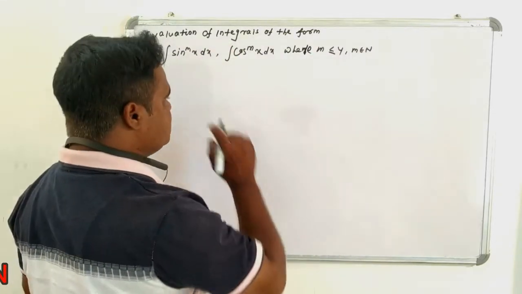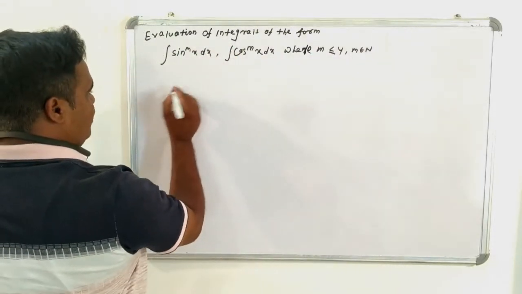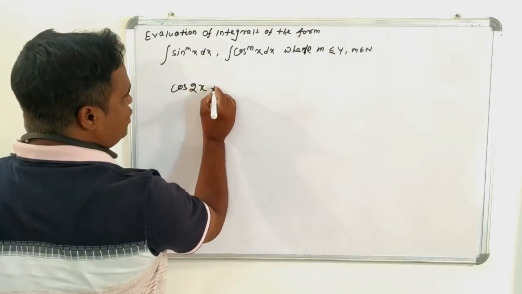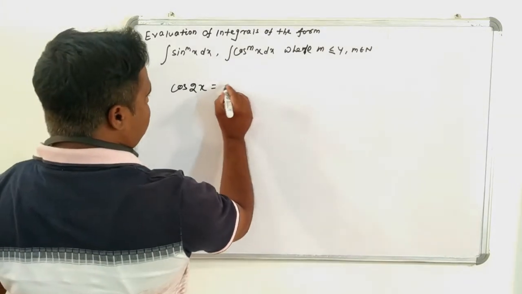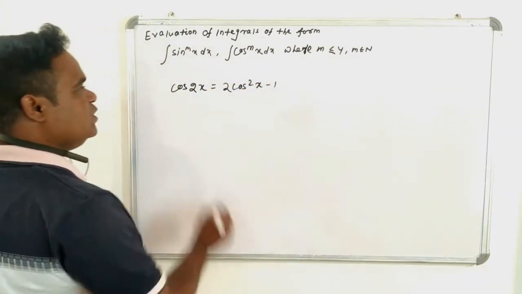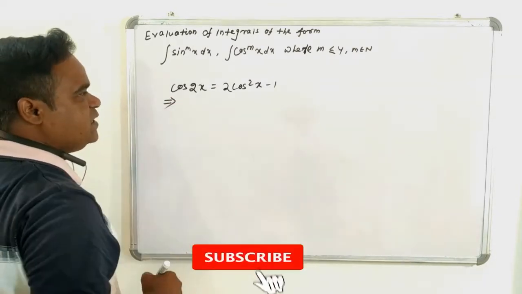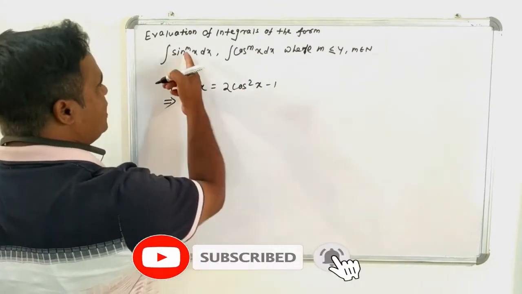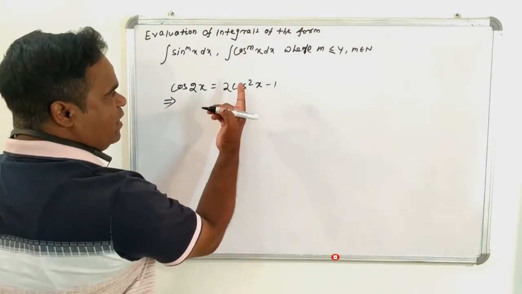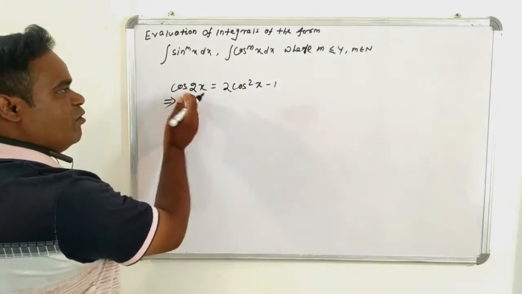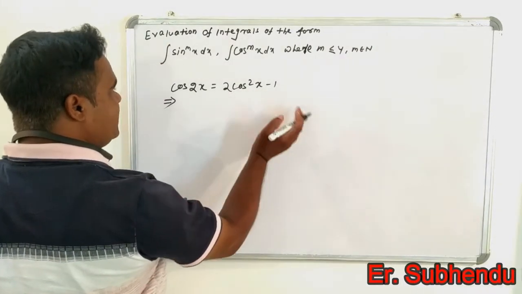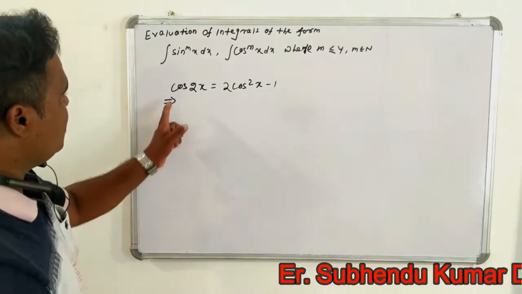Firstly, we know the formula cos 2x equals 2 cos square x minus 1. Since the sine and cosine here are in power form, I convert this into the power form. In the right hand side, 2 cos square x minus 1, and in the left hand side cos 2x.